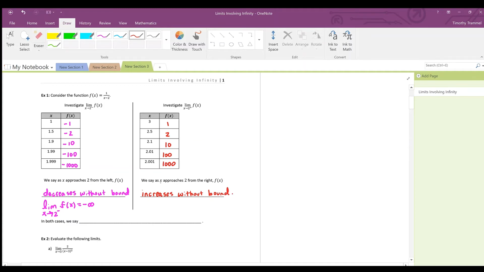And the way that we'd write this is the limit as x approaches 2 from the right of f of x is equal to positive infinity. In both cases, we actually say that the limit does not exist.